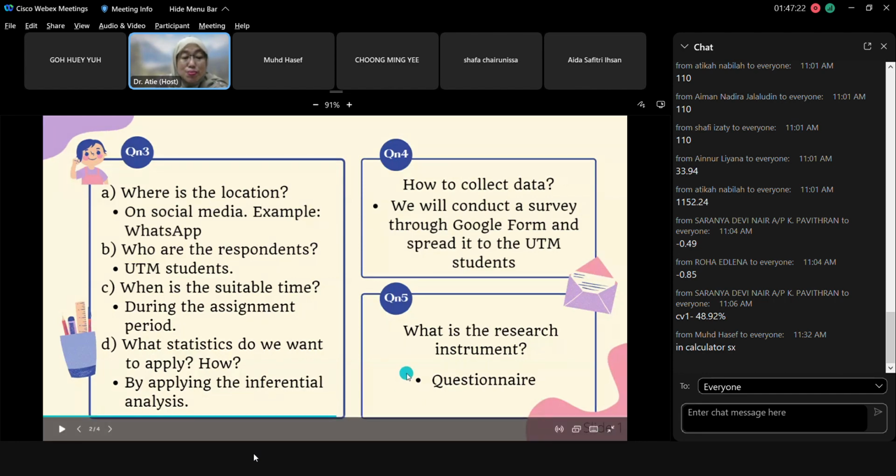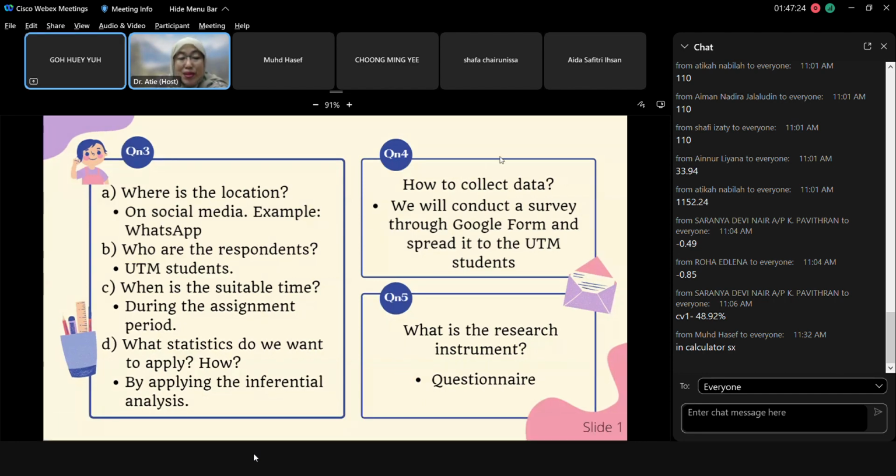So your respondents will be UTM students. Which UTM? UTM Johor Bahru? Then that's the location. Social media is very good, but the question should be what is the medium. So they are two different things.